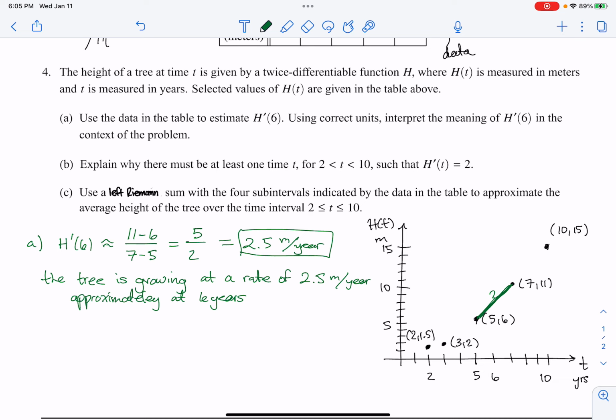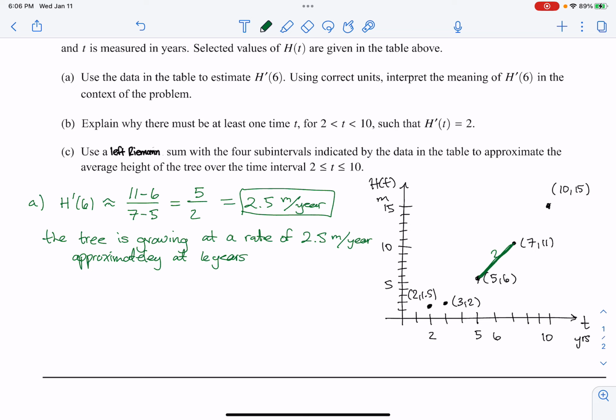All right, or some kind of variation of that interpretation. The main point is once 6 years has gone by, or once you get to year 6, then that is approximately the rate at which the tree is growing. And so you'll probably get a point for both of those. We'll see in the scoring guidelines in a bit.